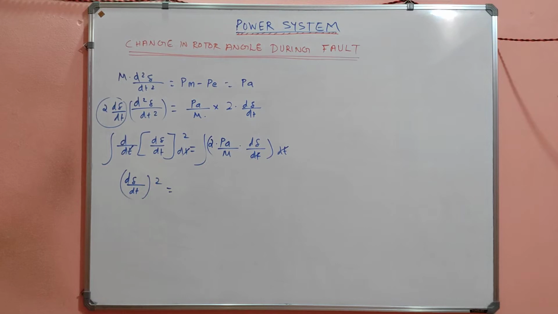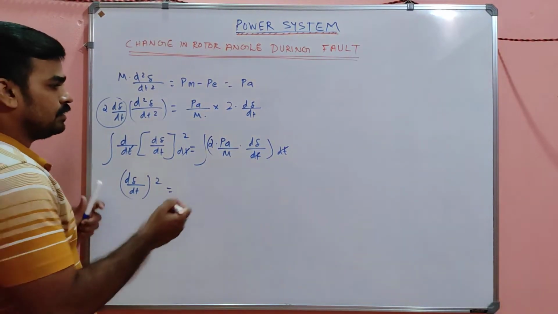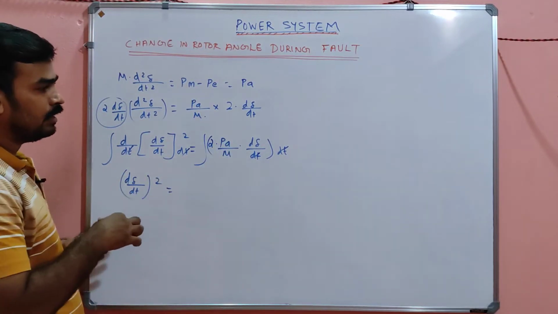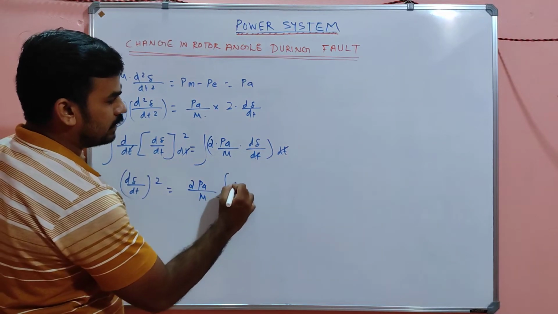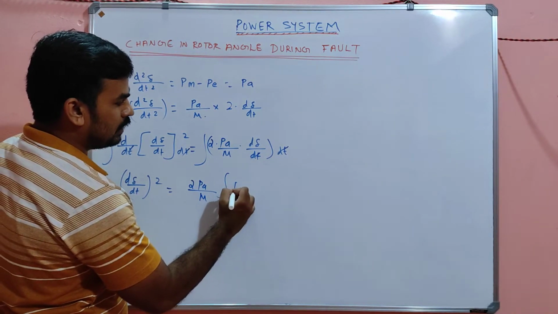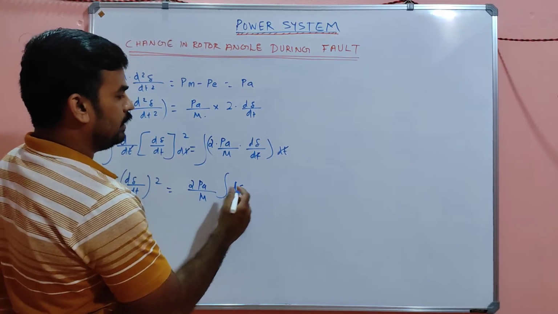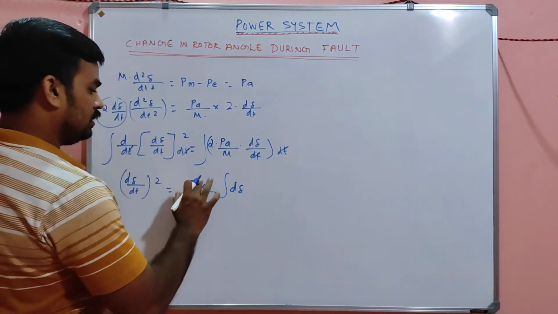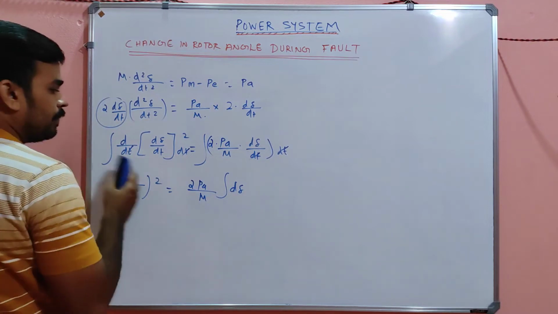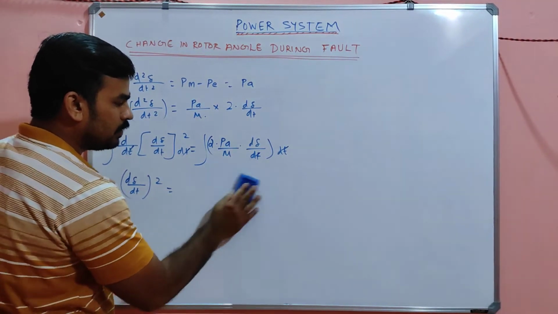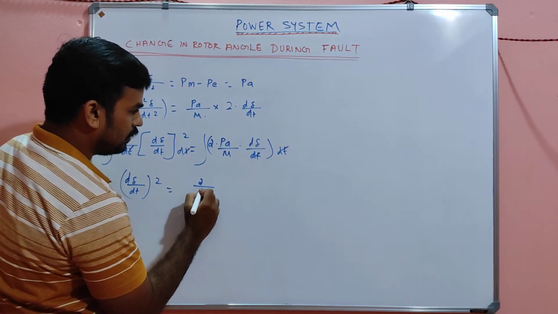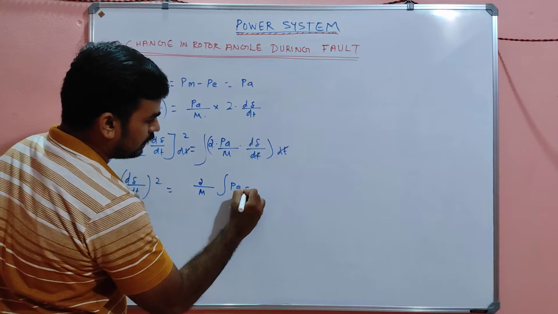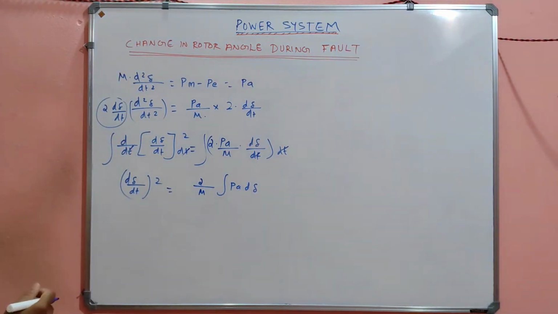Which is nothing but the integral, where 2 Pa by m is a constant, of d del. This is nothing but 2 by m into integral Pa d del.